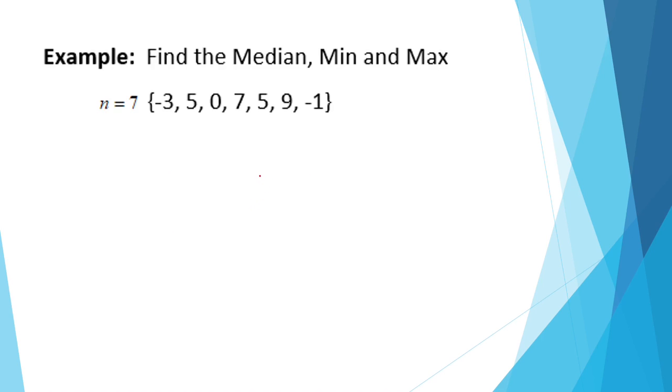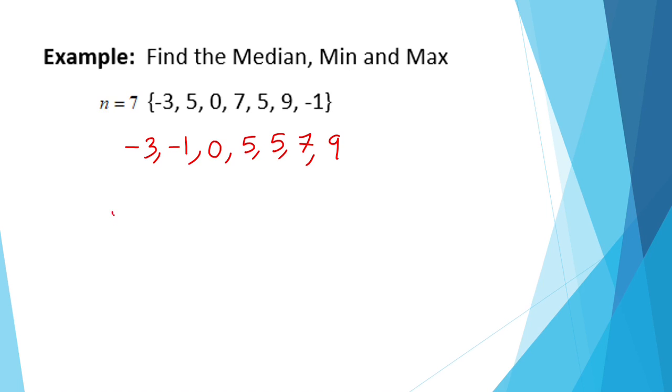Example, find the median, minimum, and maximum. Again, we have the sample size is equal to 7, and I want to arrange these values from smallest to biggest. The smallest number is -3, then we have -1, 0, 5, 5, 7, and 9.